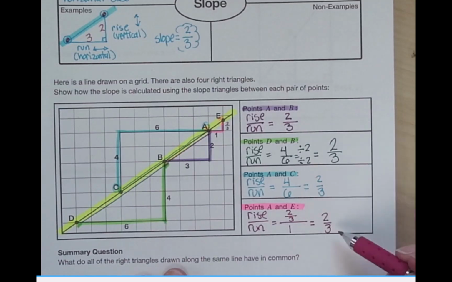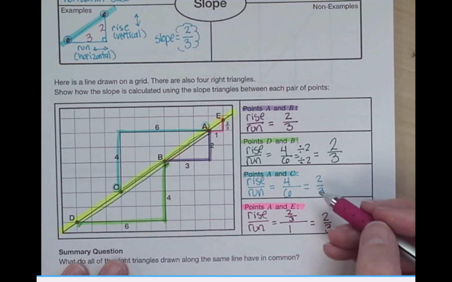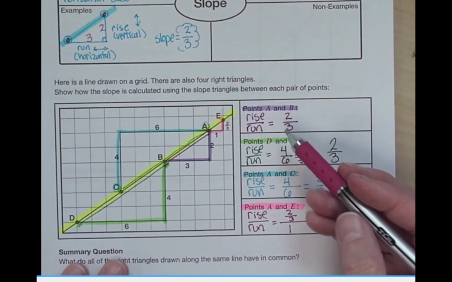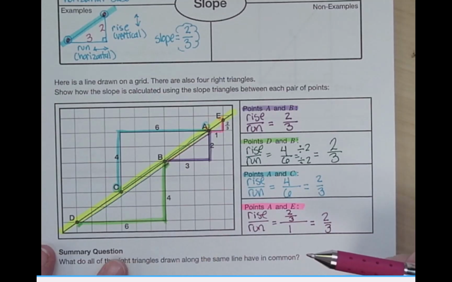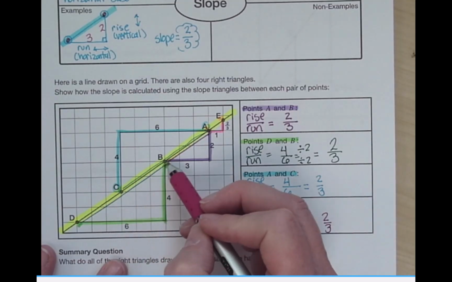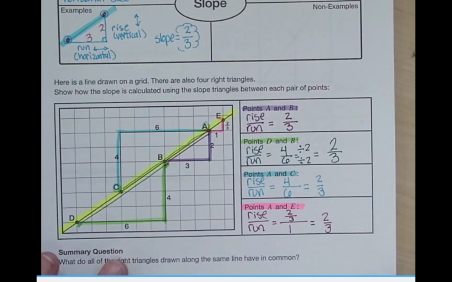So once again, I can see that since all of these triangles are similar, the ratio of their corresponding sides is going to be the same again and again and again and again. All of these ratios were the slope of the yellow line. All of these triangles had that slanted side of the triangle sitting on that yellow line.